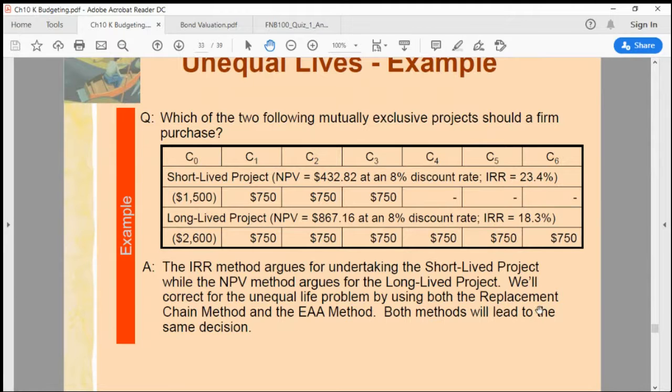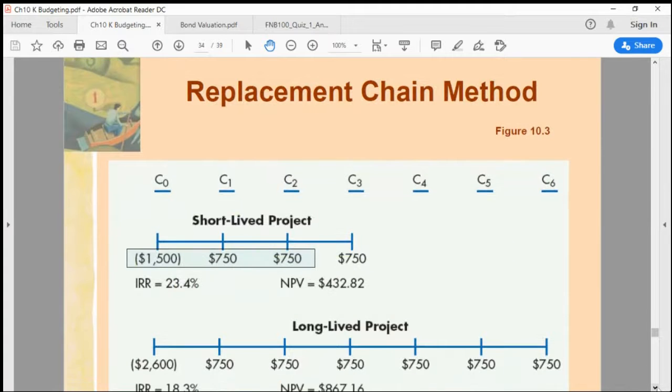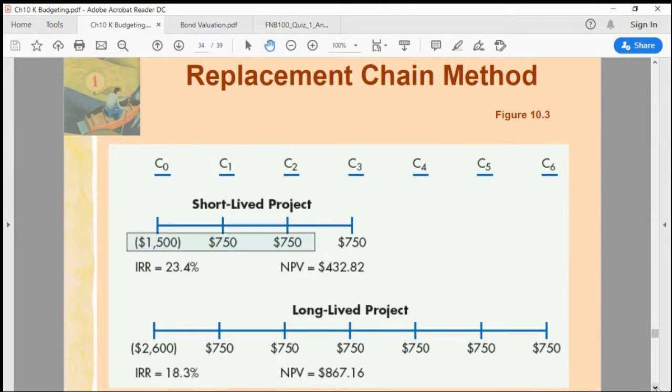So we will need to evaluate it by first replacement, right? Replacement chain method, and then equivalent annual annuity method. Now, the replacement chain method is like this.